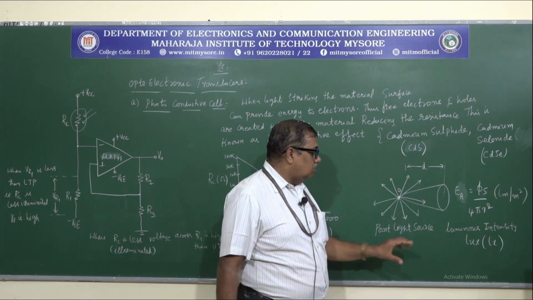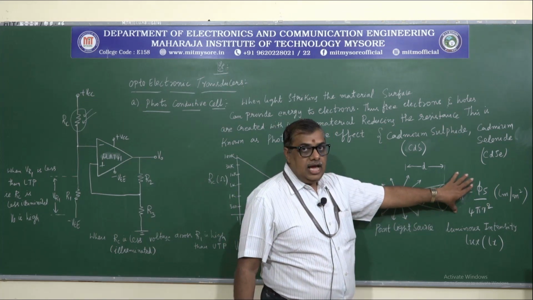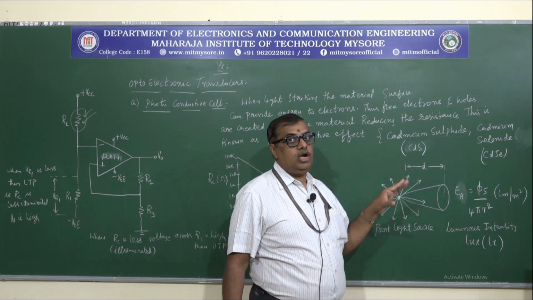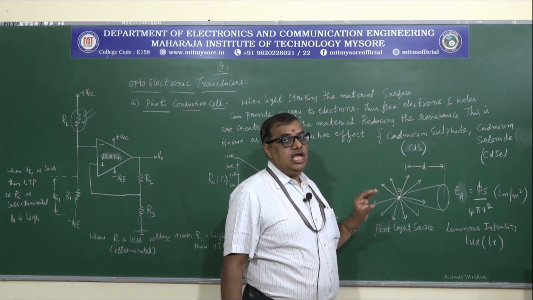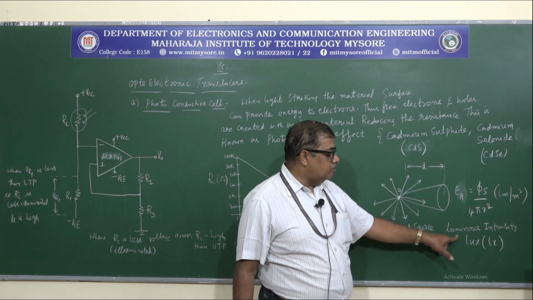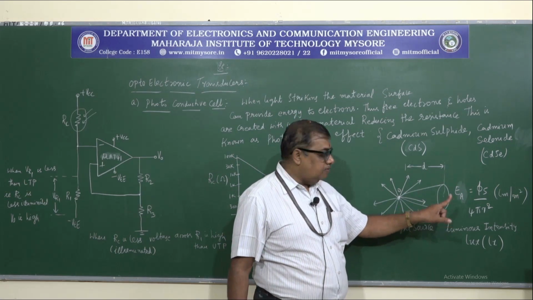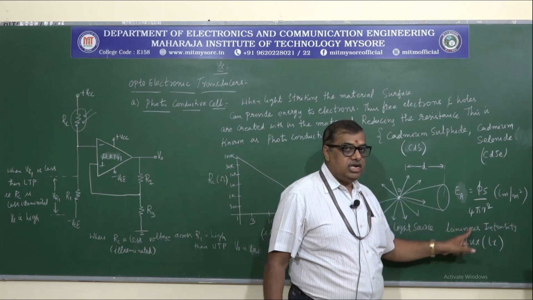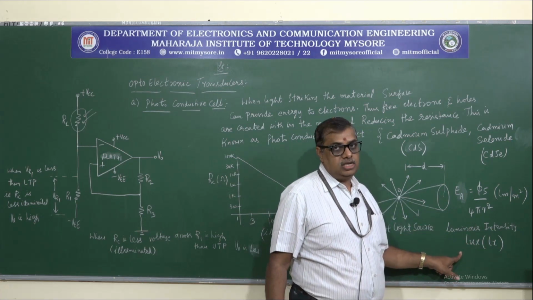Okay. So now with this intensity as input, we are going to measure the equivalent output in terms of luminous intensity, and we know that luminous intensity is measured in a unit called lux.